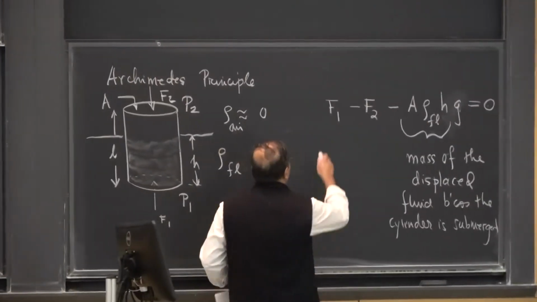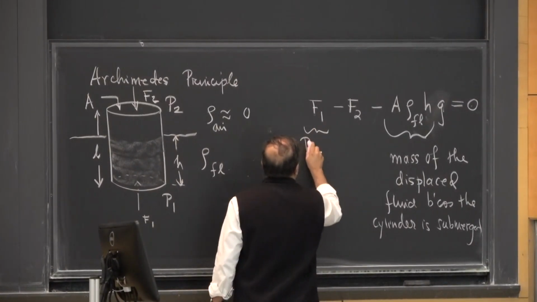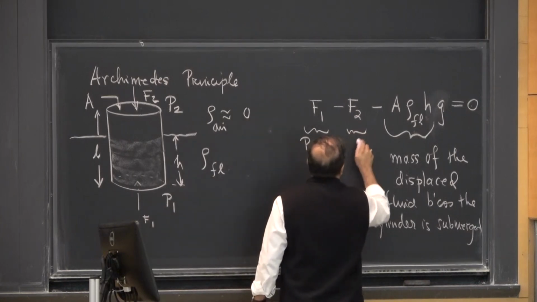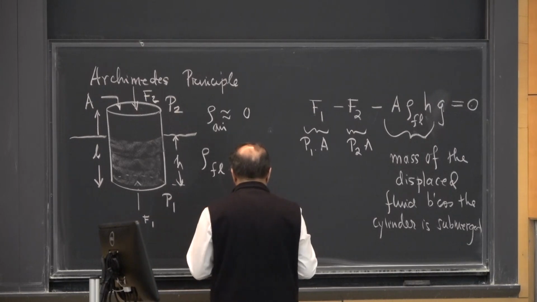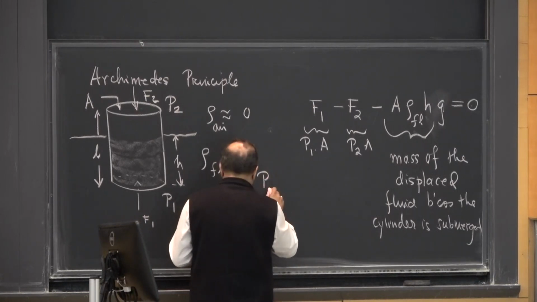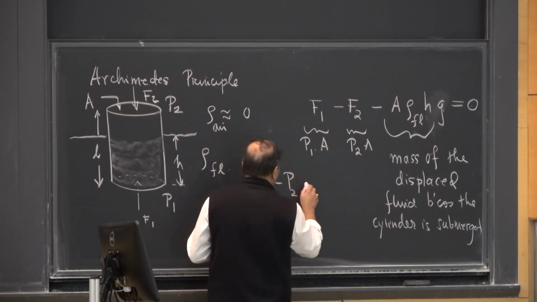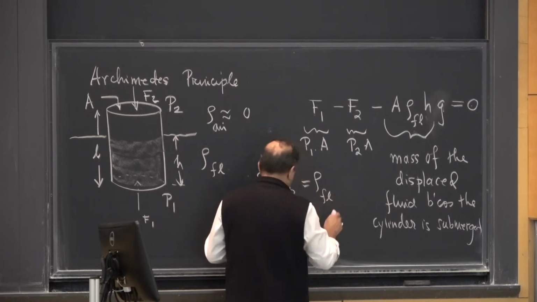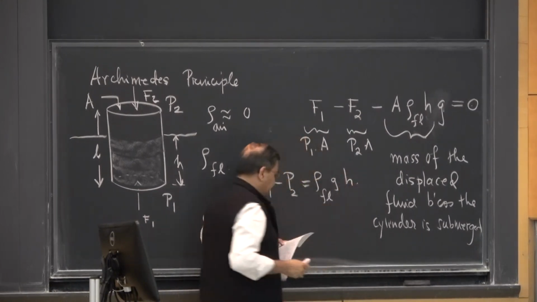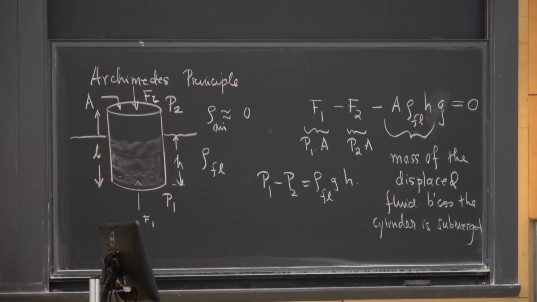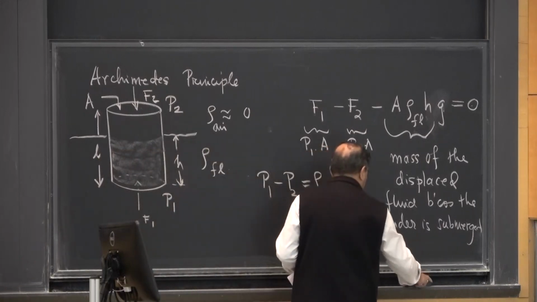So if I now think about F1 as P1 times A and F2 as P2 times A, then I should be able to rewrite Archimedes' principle in terms of Pascal's law as P1 minus P2 equals rho fluid times g, in this case times H. Now, the idea of Archimedes' principle is to introduce the concept of a buoyant force.